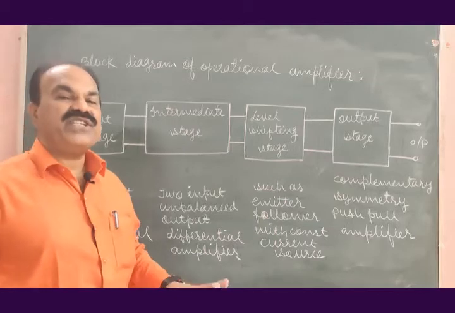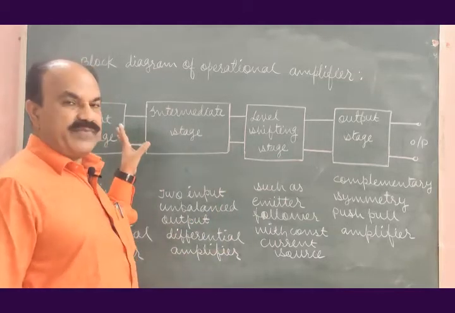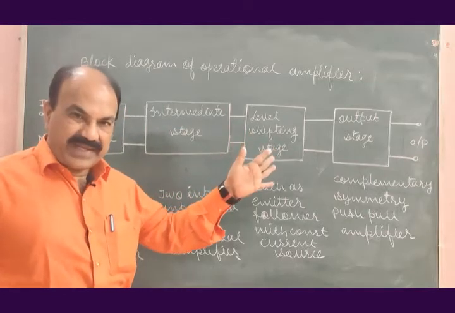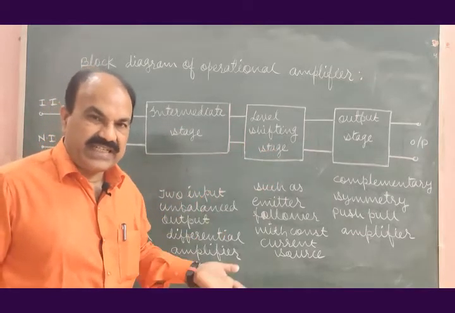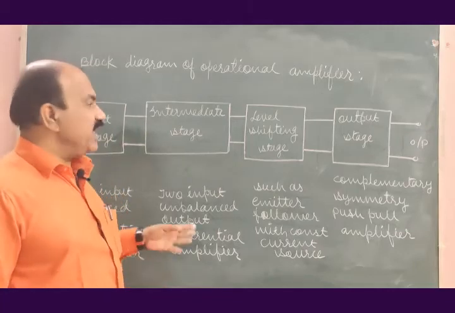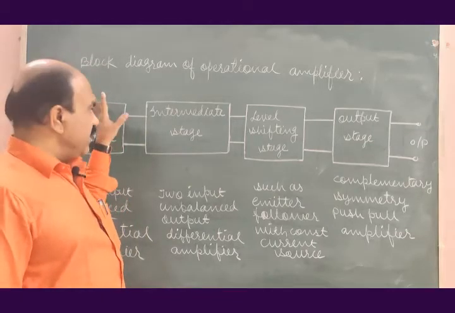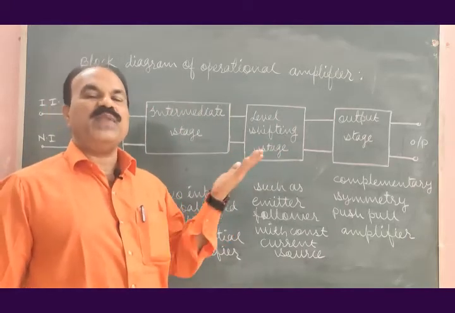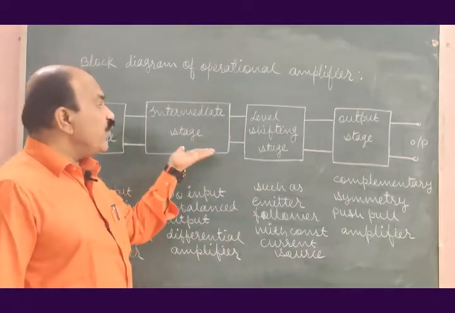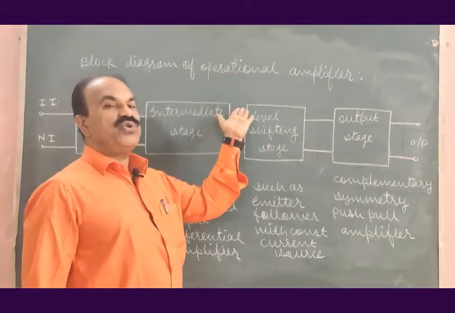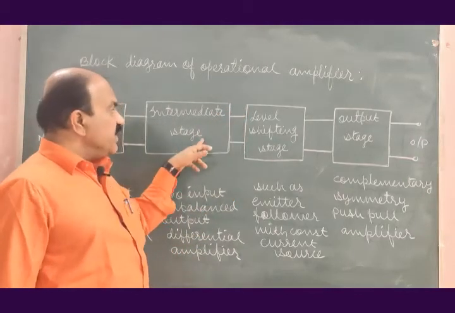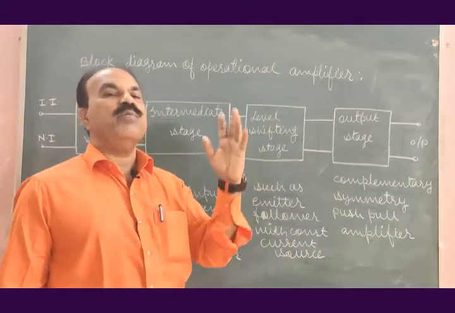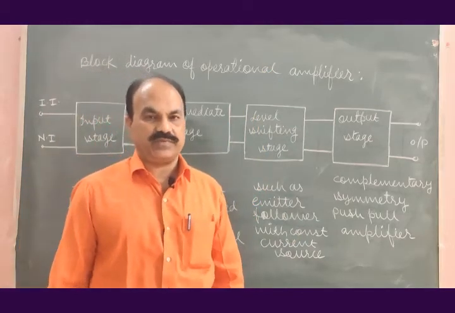As no capacitors are fabricated in the integrated circuit, this operational amplifier being fabricated using integrated circuit technology, there are no capacitors between the successive stages, the successive blocks of the operational amplifier, and therefore the DC level at the output of this intermediate stage is increased much above the ground.